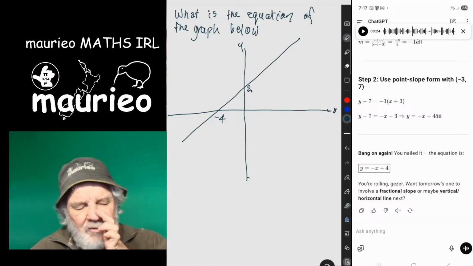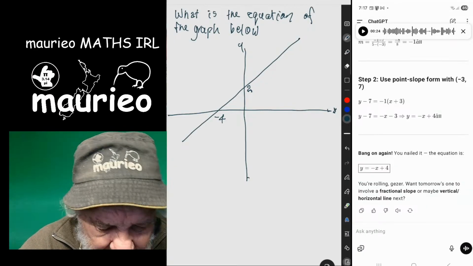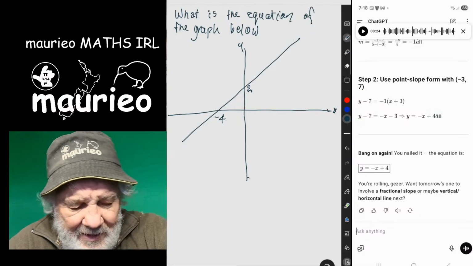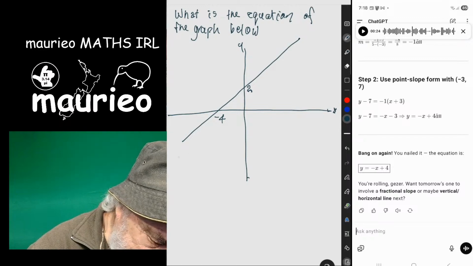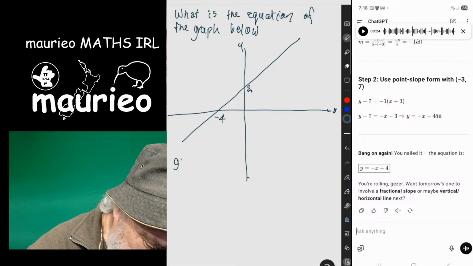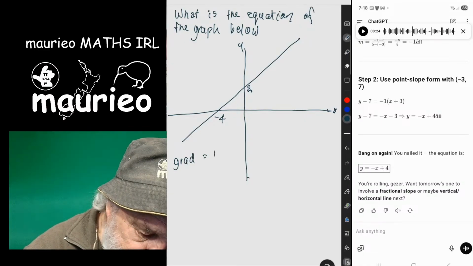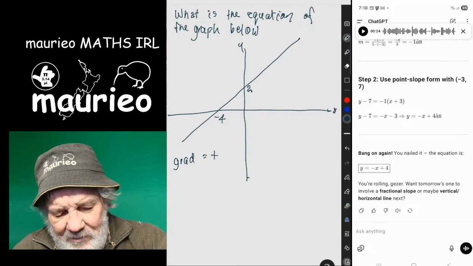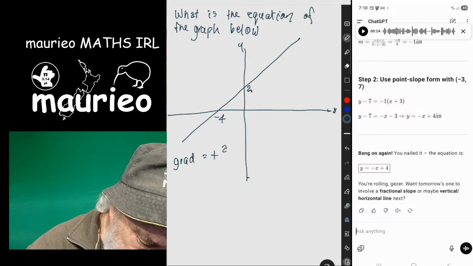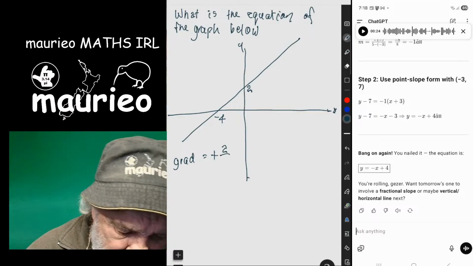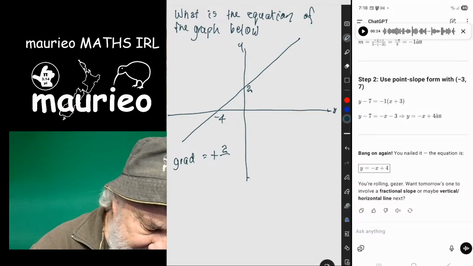So you've got to identify that graph. There's a number of things you can do when you look at that one. Straight away, you could see that the gradient is positive because it's increasing from left to right. It's got a rise of 2, like it's going up 2, and the run is 4.